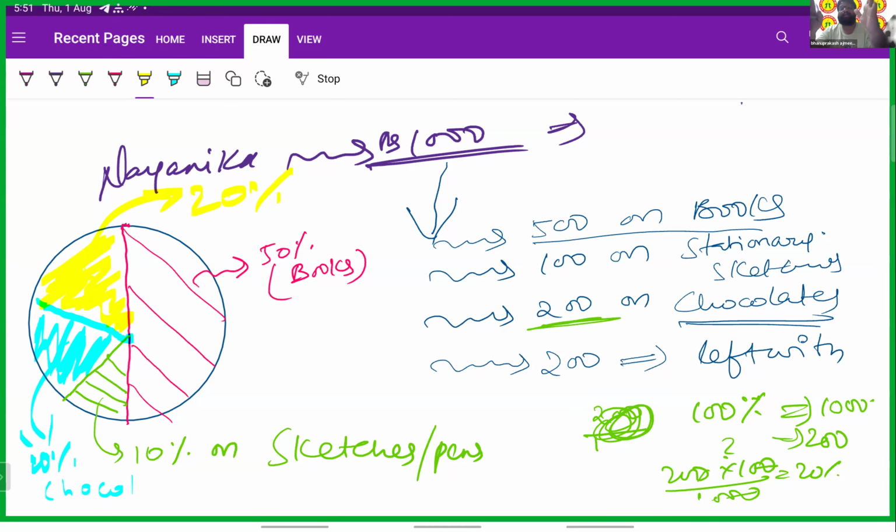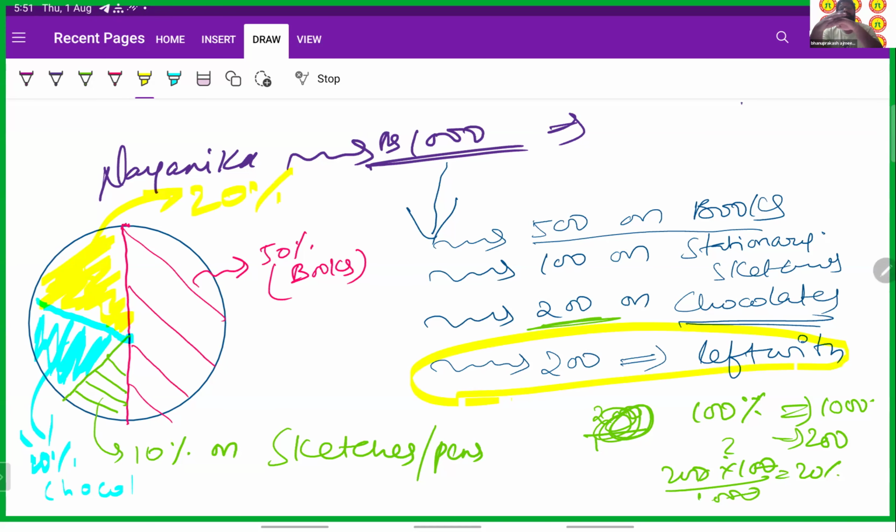Again I'm repeating. You'll be given data like I gave: 500 rupees for books, 100 rupees for sketches or pens, 200 rupees for chocolates, and the remaining 20% of money she is left with.